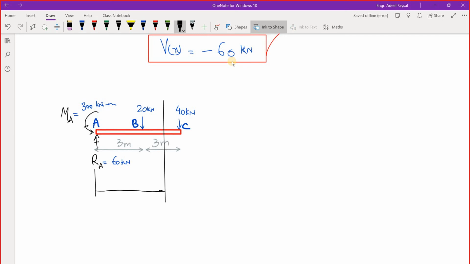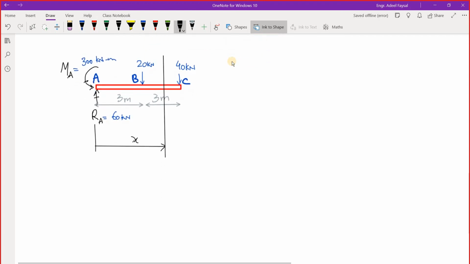So this is x. Now let's draw free body diagram again for the left segment. Maybe I can just copy the same and use it.